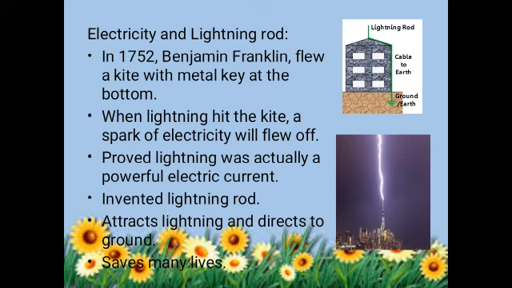From this action only, he knew that lightning has electric power. Right? From this, he invented the lightning rod. So this lightning rod attracts the lightning and directs it to the ground. And this saves many lives on the earth.